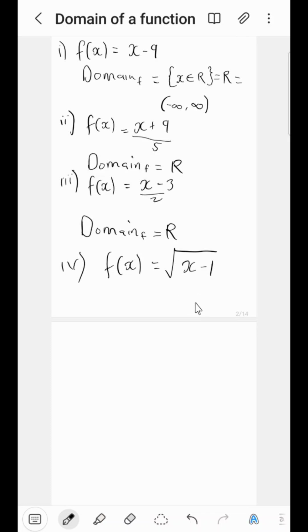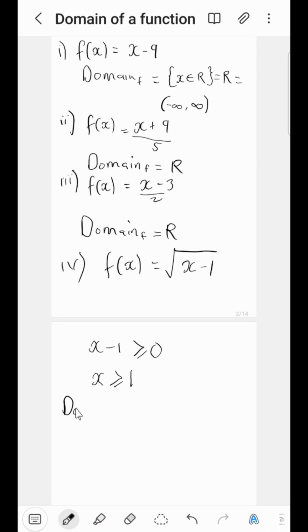So what are the values of x that will make this function to be defined? What we do here is say x minus 1 should be greater or equal to 0. Solving for x, our x will be greater or equal to 1. So that will be our domain.